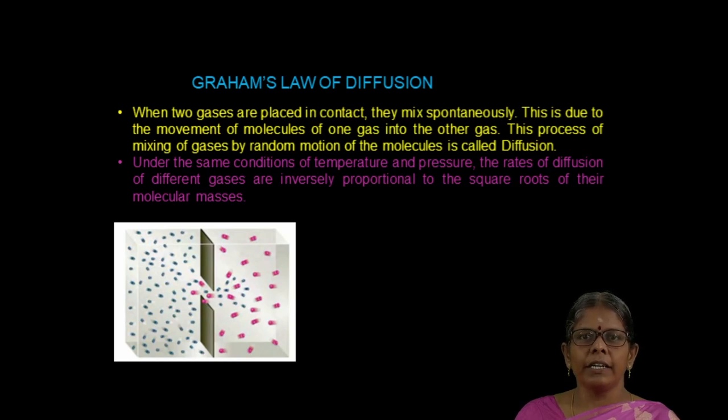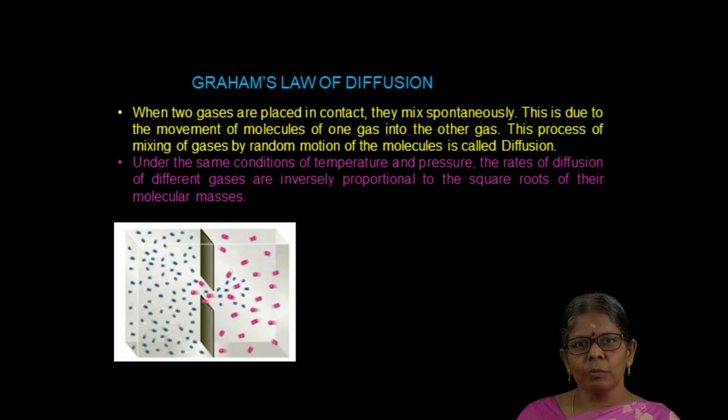Therefore, the rate of diffusion also increases when the mass is small. The reverse happens when the molecular mass of the molecule is very high. Graham's law of diffusion states that under the same conditions of temperature and pressure, without any change in temperature and pressure, the rates of diffusion of different gases are inversely proportional to their molecular masses.